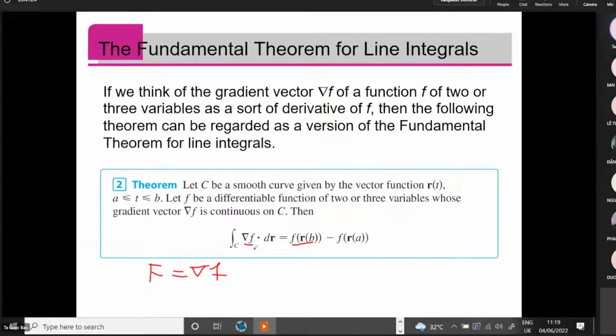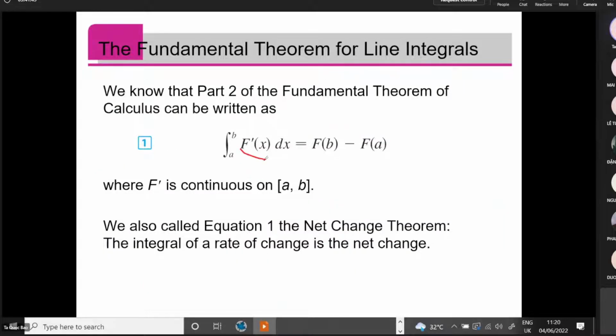Then the line integral over C of F dot dr is equal to f(r(b)) minus f(r(a)). Understand? You can see this is quite similar to this formula.